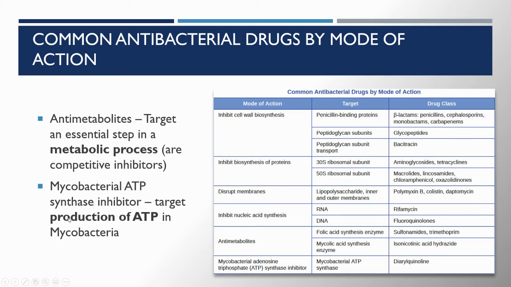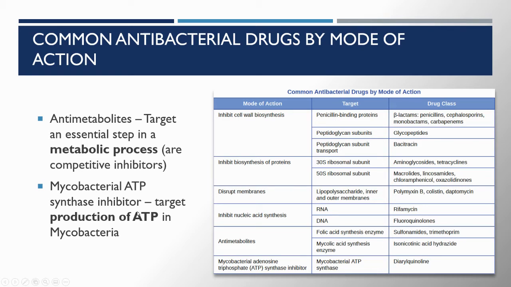We can also target the production of ATP. This is another one that targets Mycobacterium. So, a Mycobacterial ATP synthase inhibitor. We're going to inhibit the enzyme that synthesizes ATP in the Mycobacterium. This is part of the process for how a cell makes the ATP that it then uses for energy.